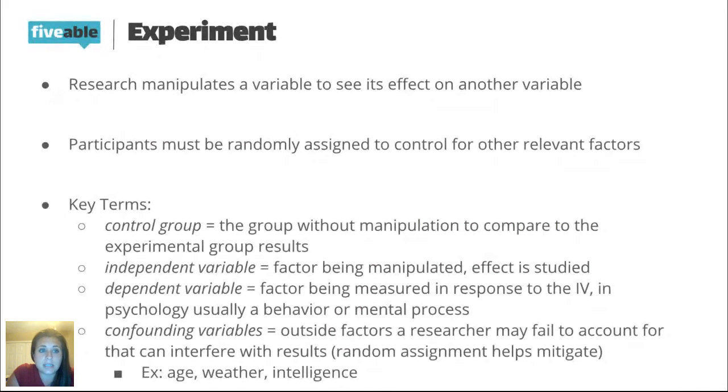So when I'm conducting an experiment, if I have 20 people participating, I need to assign them randomly either to the control group or to the experimental group, because this helps me account for the fact that people might be different ages, people might have different intelligence levels, different backgrounds, different socioeconomic status. And I can't account for that, right? I can't find 20 identical people. And so to kind of balance that out, if I'm randomly assigning them to the groups that they're in, I can at least hope to mitigate some of those differences based just on the randomness of how they're assigned.